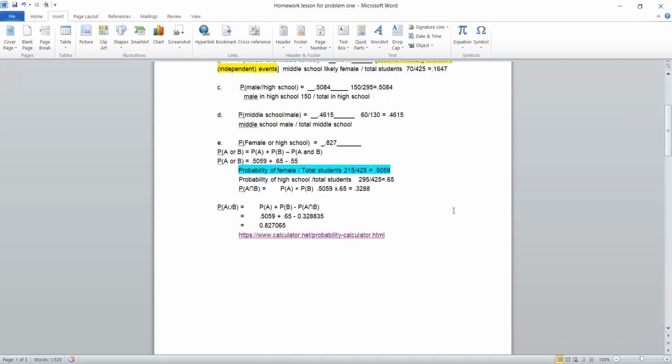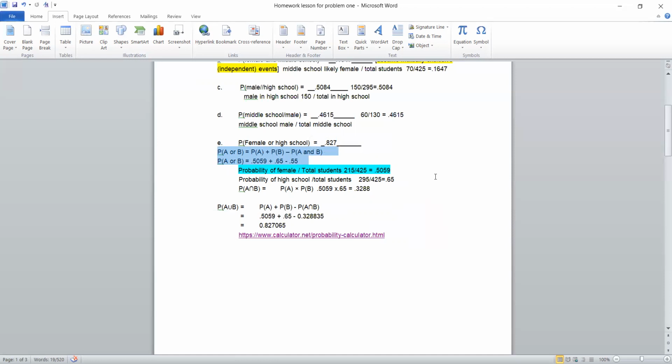Now, I caught on that some of you were using different methods to calculate this. Okay, so let's talk about it. Some of you simply used the additive law, which is going to be this right here. Some of you used this formula and you calculated it by hand.